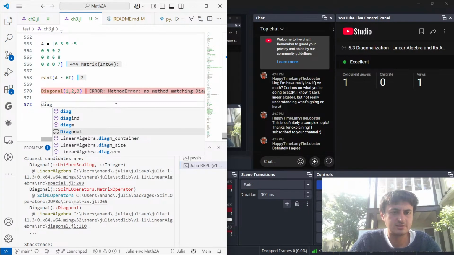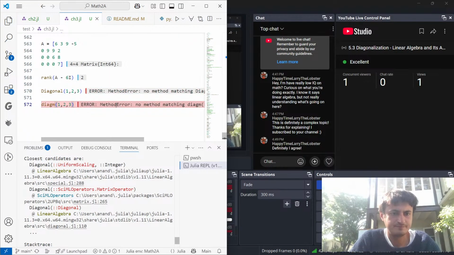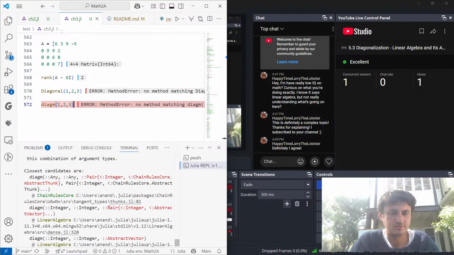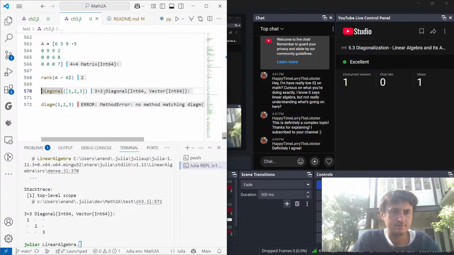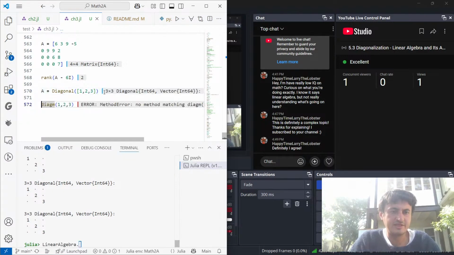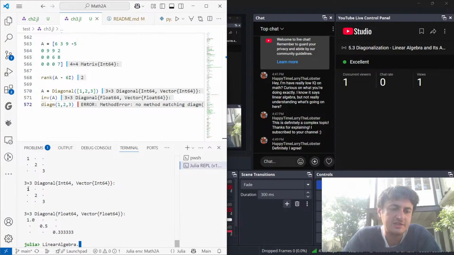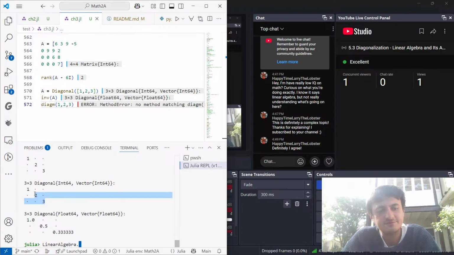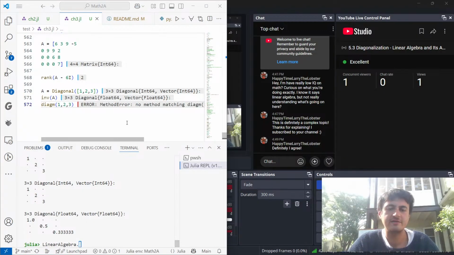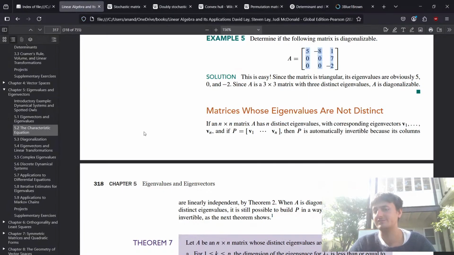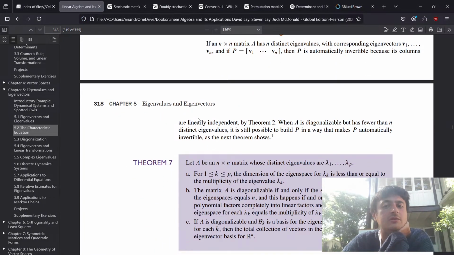Oh, I think I have to do this. How do you make a diagonal matrix? Actually, what about this? I think this might work. There you go. But the thing is, if I compute the inverse of A, oh, the inverse of a diagonal matrix is diagonal. And in fact, it's the inverse of the elements themselves. That actually makes sense. That's obvious.